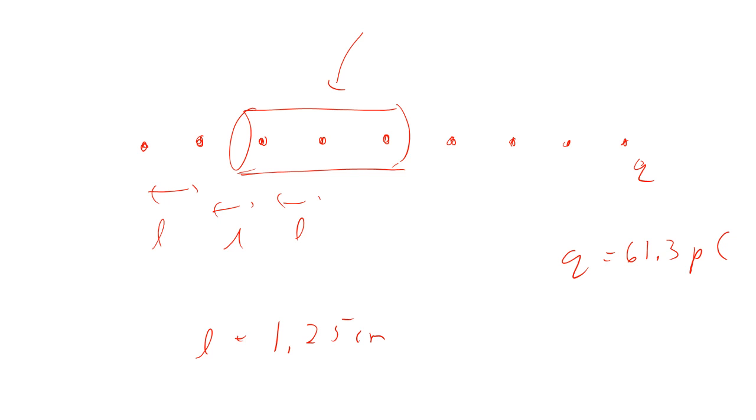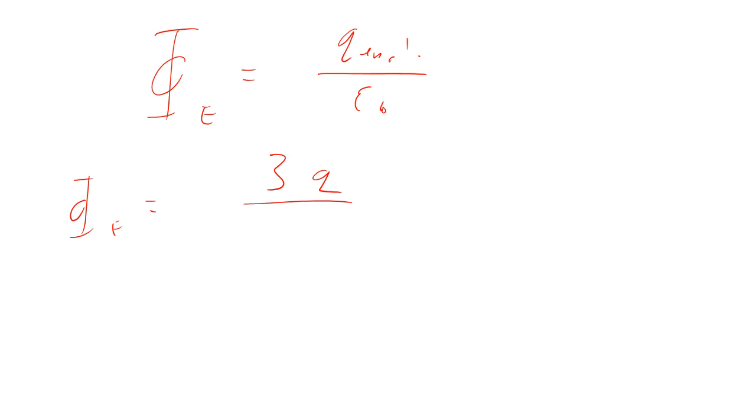Gauss's law tells us that the total flux is going to be enclosed charge over epsilon naught. And so what we have here is the enclosed charge is 3Q over epsilon naught.